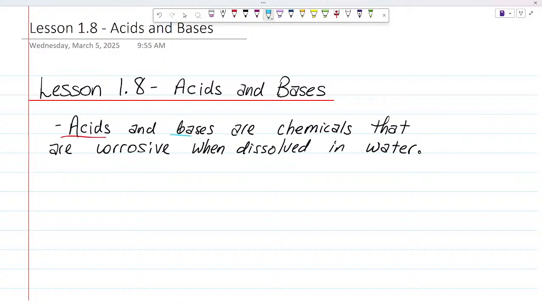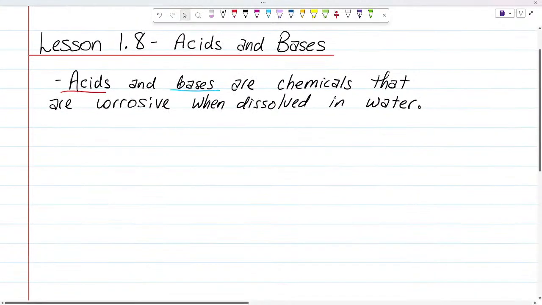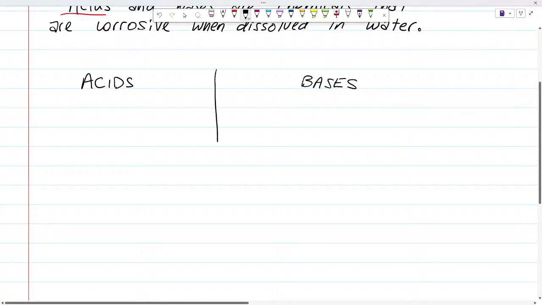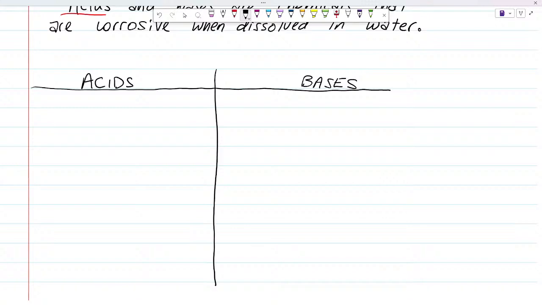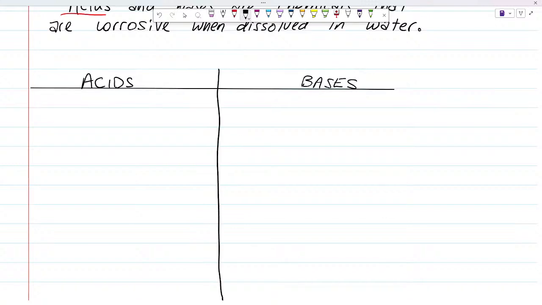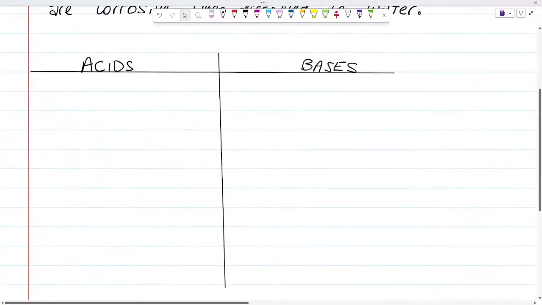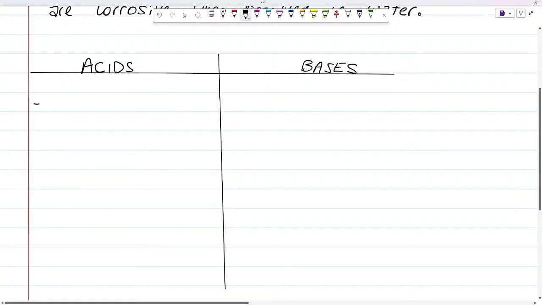And as a rule, we're going to make a little table here. And we're going to do a little bit of a note before, so don't worry about this first sentence if it doesn't make too much sense to you.